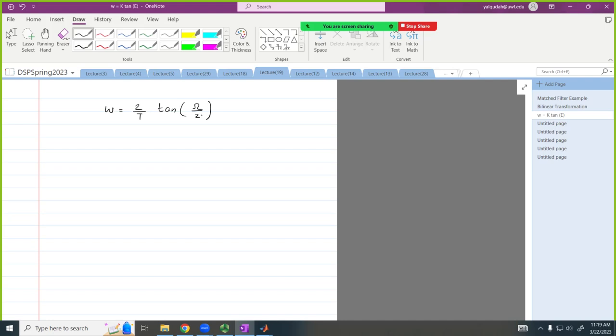Now we can also multiply by T over 2. This is going to equal tangent of omega over 2, and therefore omega is going to equal 2 tan inverse of W multiplied by T over 2.